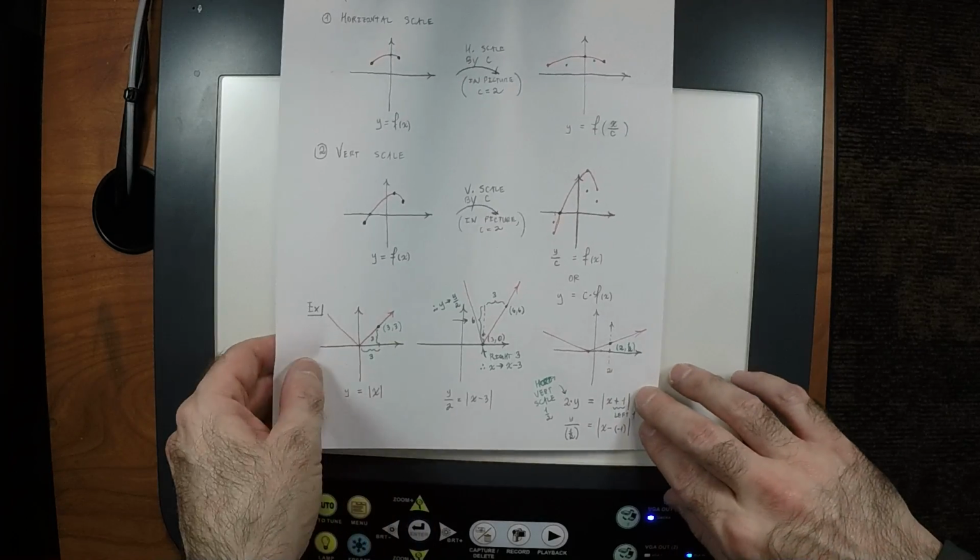Now, here's a good question. We're talking about scaling stuff. Like if you scale the world horizontally by 2, that means that objects appear to be half as big horizontally. Okay. What if we scale the world by like -3 horizontally? What would that mean?